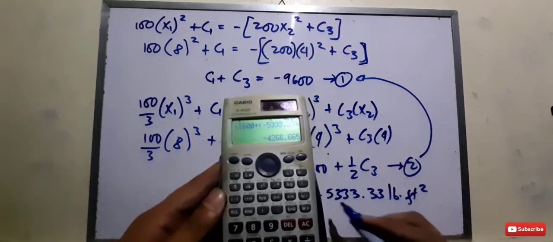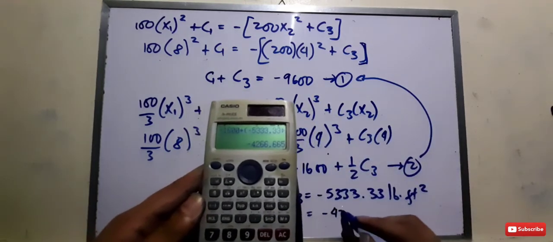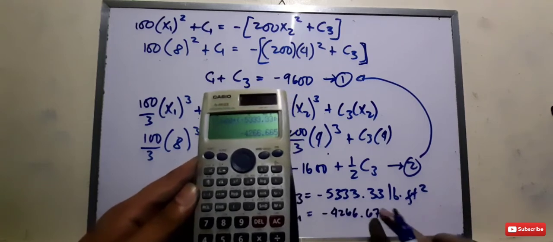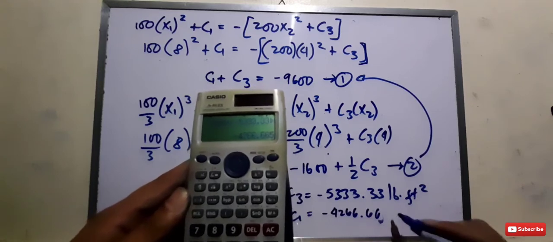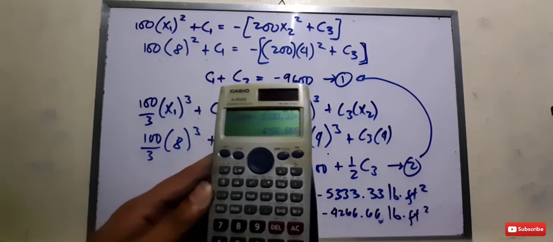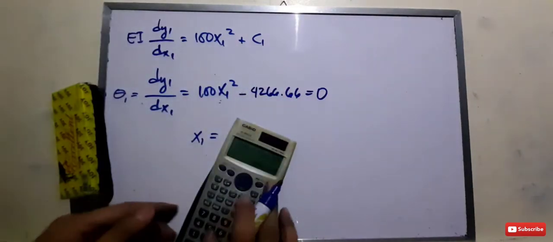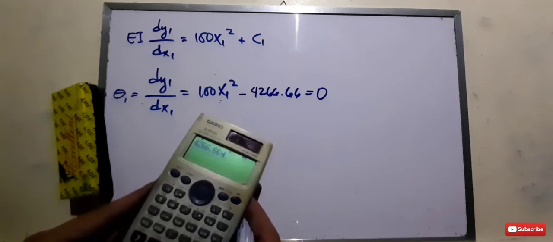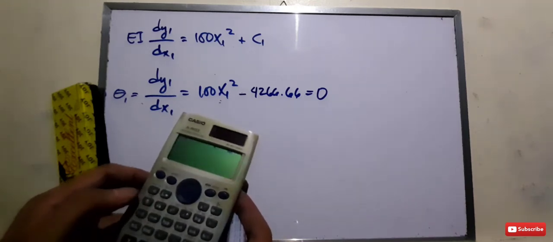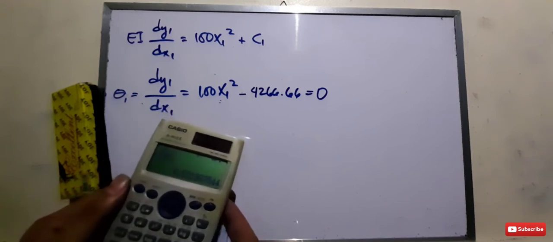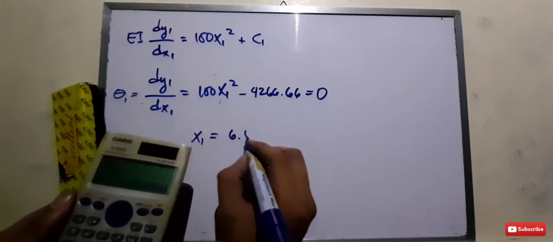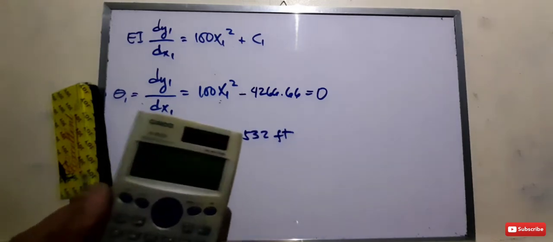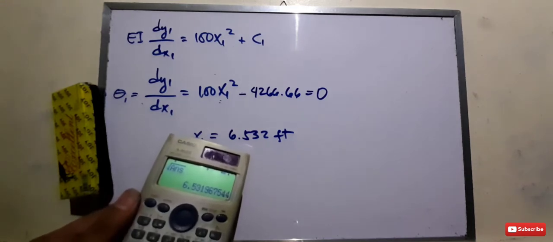You'll have negative 4266.67, or 66 pa rin, pounds foot square. So you will have 4266.66 divided by 100, square root of answer, x equals 6.532. 6.532 feet. Ang ingay ng aso. So, nakikita ba? 6.532 feet.